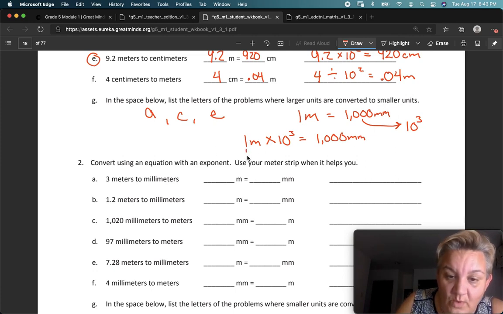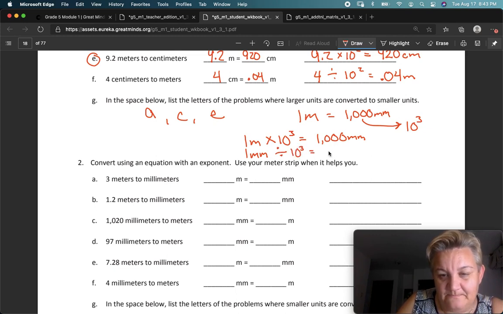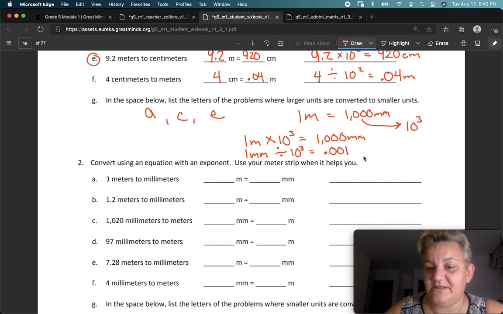And 1 millimeter divided by 10 cubed equals, let's see, I have to move that decimal over 3 times, right? So 1, 2, 3 equals 1/1,000 of a meter.